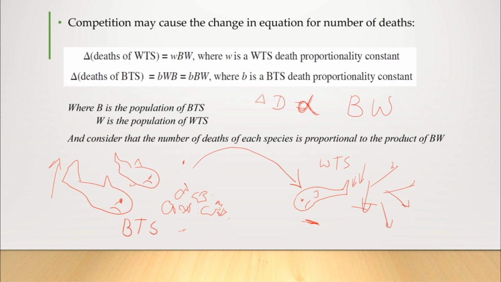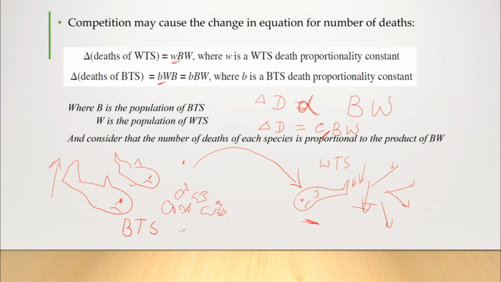How do you change the proportionality into an equation? We can say D is equal to a constant times BW, let's say a constant C. This C value will be different for the change in deaths of WTS and the change in deaths of BTS, so that is a little different.